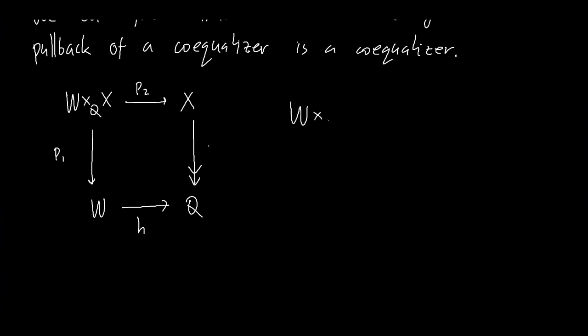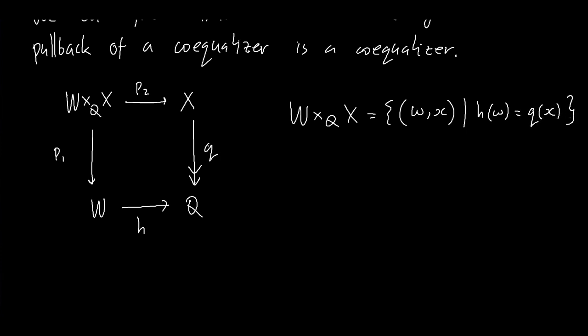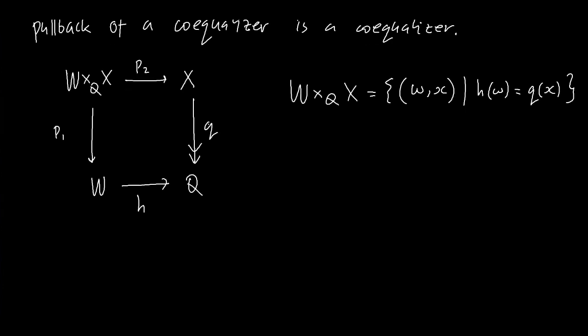So in the category of sets, this is given by the set of those pairs (w, x) such that h of w equals q of x. But projecting such a pair to w will certainly be a surjection if q was a surjection.